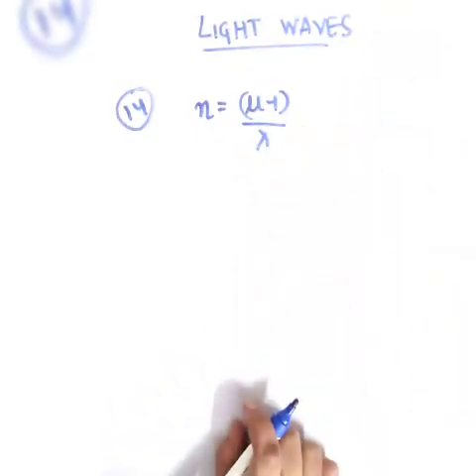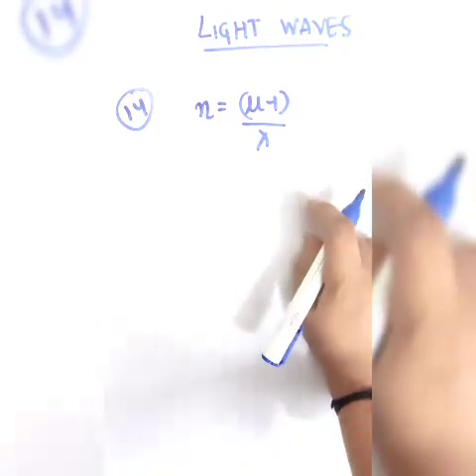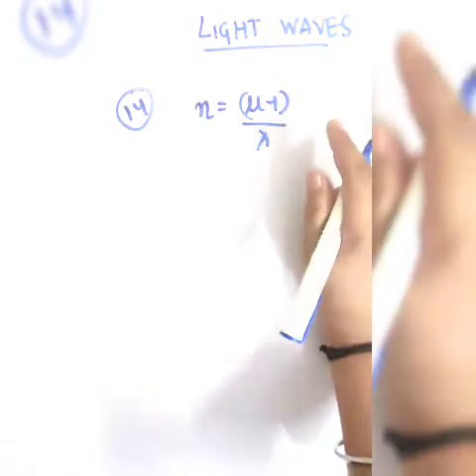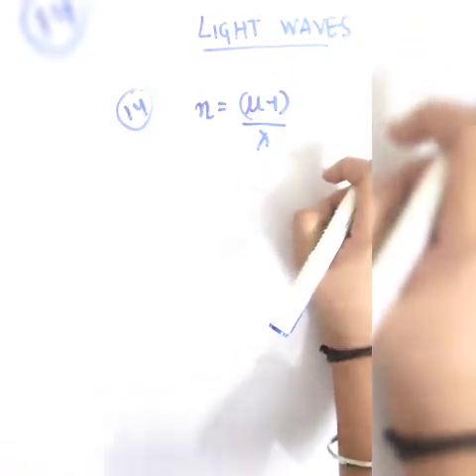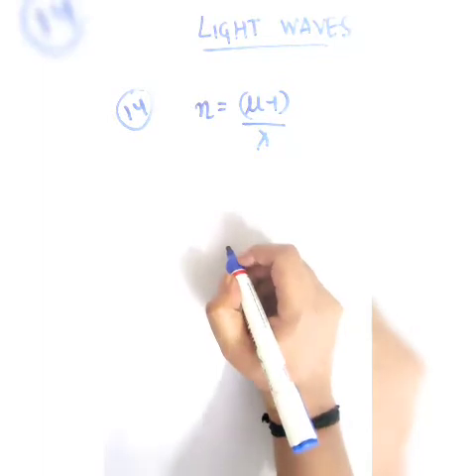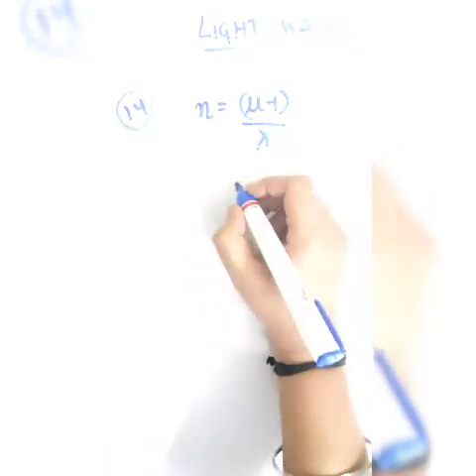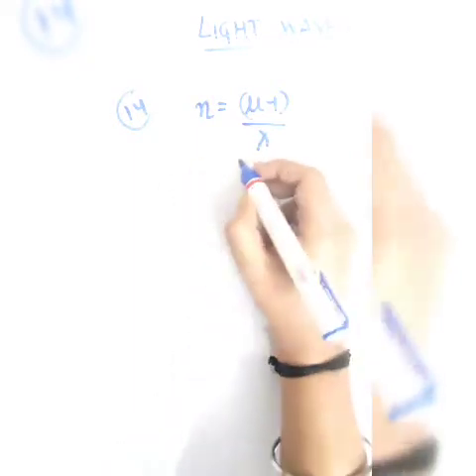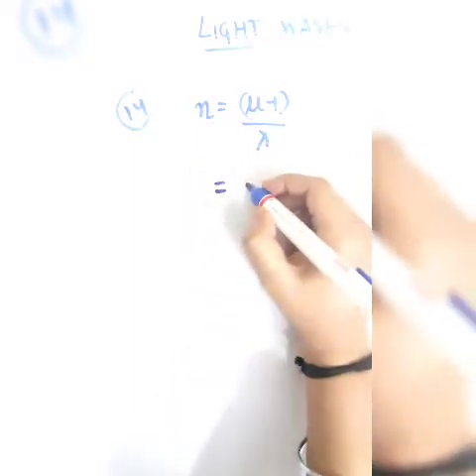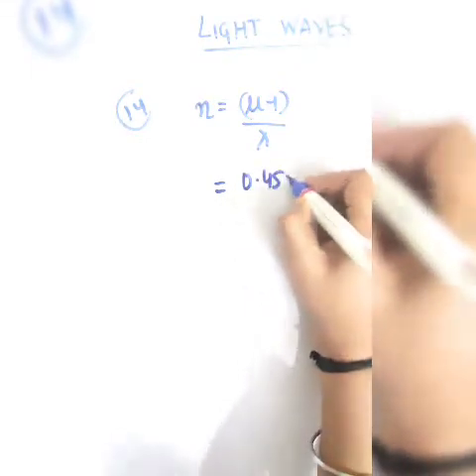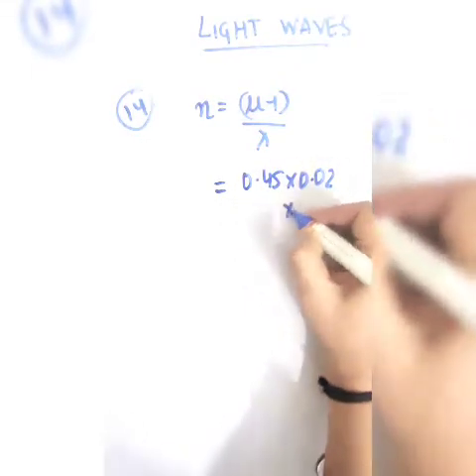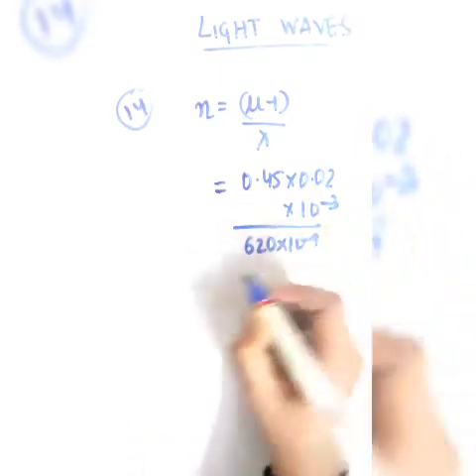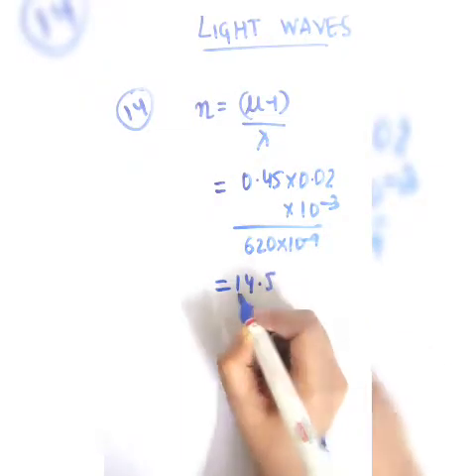This formula comes from the simple relation of how much the fringes shift divided by the fringe width. You can check the previous videos where I have solved the examples. In one of those examples I derived this formula, so I'll be using it directly here. Putting in all the values from the question, the value comes out to be 14.5.